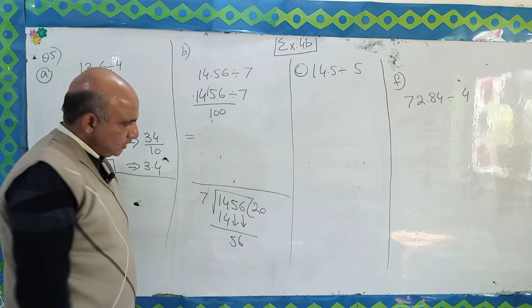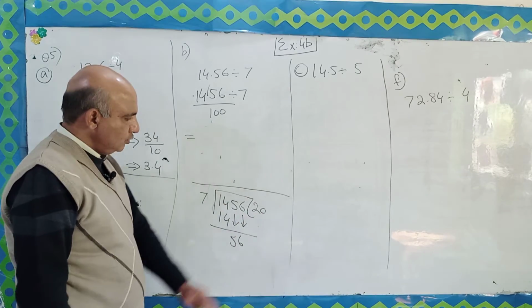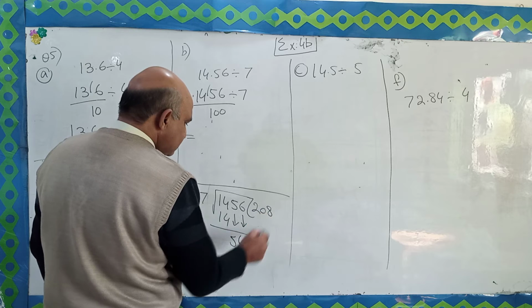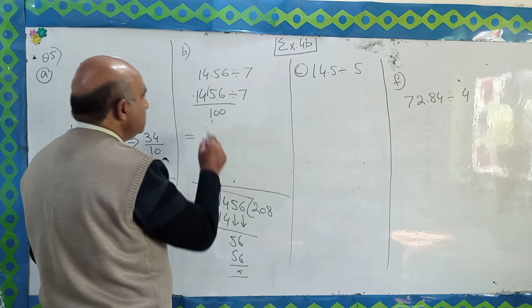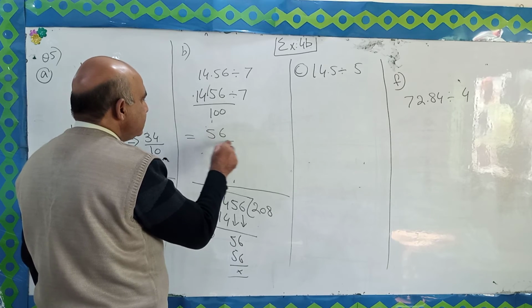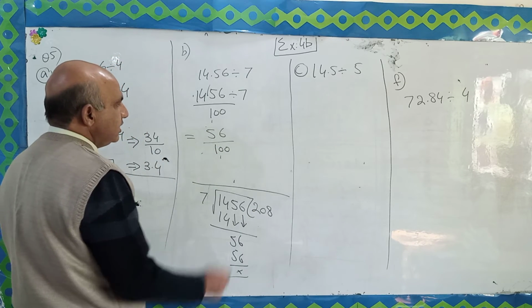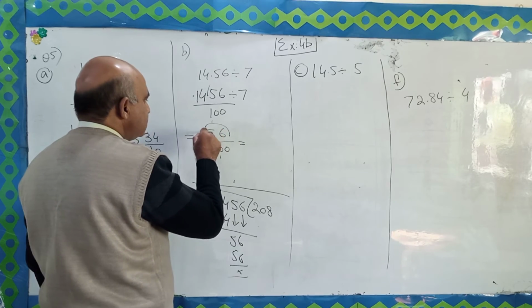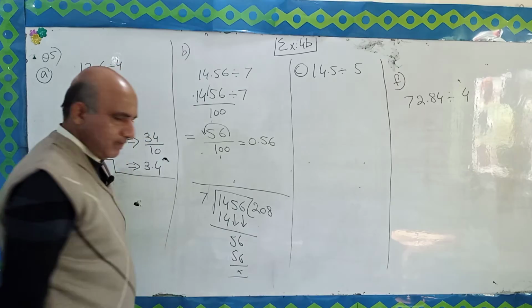As we bring down two digits at a time, so we have to write here 0. 7 8s are 56. So here is 56 over 100. So what we do here, we write it with 2 decimal places, so we write here 0.56. Right?